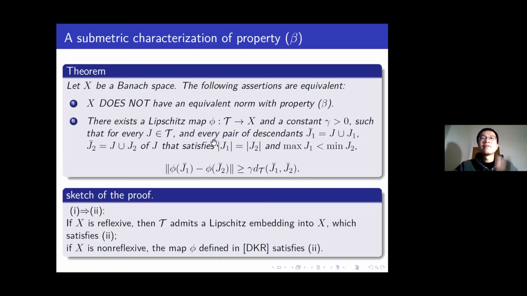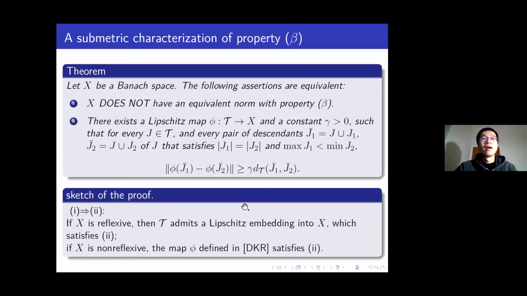So item 2 of this theorem says that phi maps those vertices of the same height to a far apart set. And the proof is actually the combination of what I said 10 minutes ago.